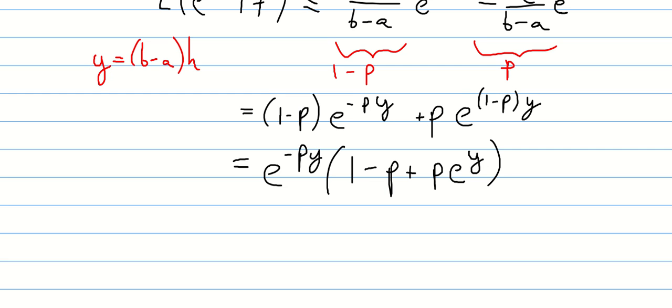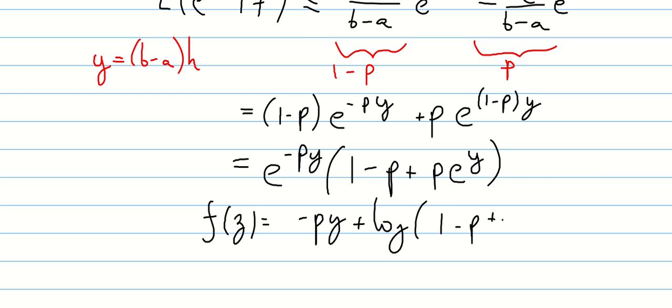And if we define f of z to be minus P z plus the logarithm of 1 minus P plus P e to the z, then we can rewrite this as simply e to the f of y.